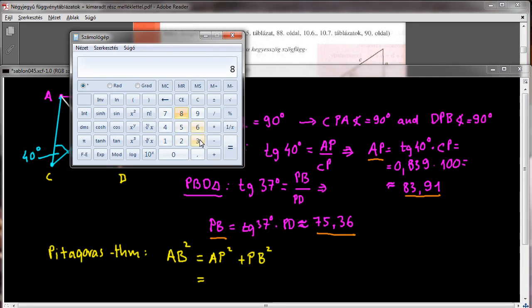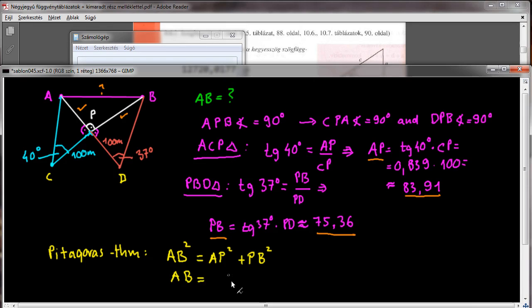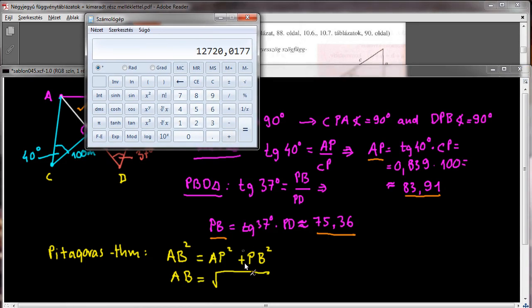Okay, and now what I have to do is I just have to write this in. So 83.91 squared plus 75.36 squared is equal to around 12,720. So AB is the square root of this number.